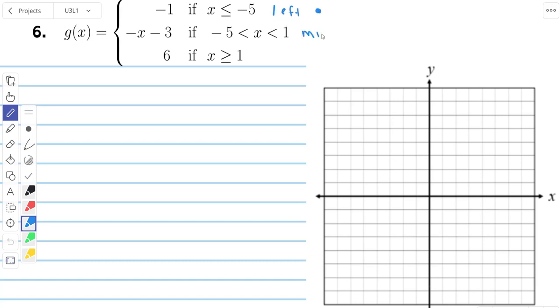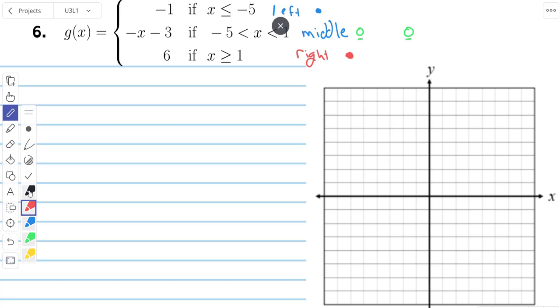This one's going to be in the middle, and it's going to be an open dot and another open dot. So in the middle one, you're going to have 2 different dots you need to identify. And on the end one, for the right-hand side, is a closed dot. So the left and right are going to go off to the arrows. The middle is going to be a line that connects those.